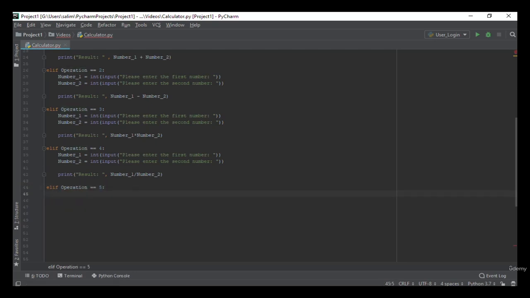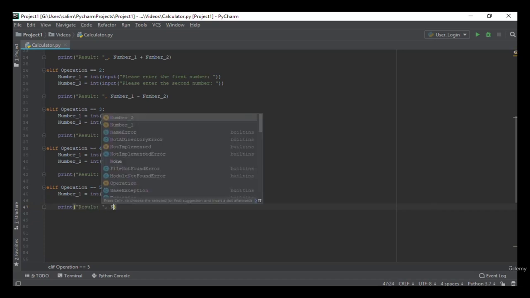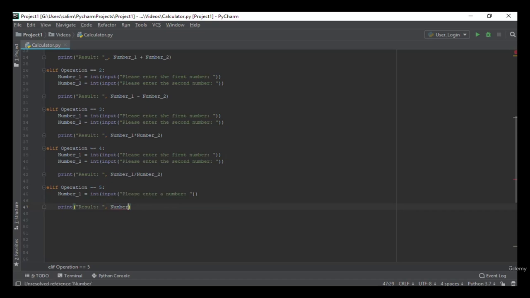So create a variable named number1 and ask for the value to be entered by the user. Print number1 times 2.